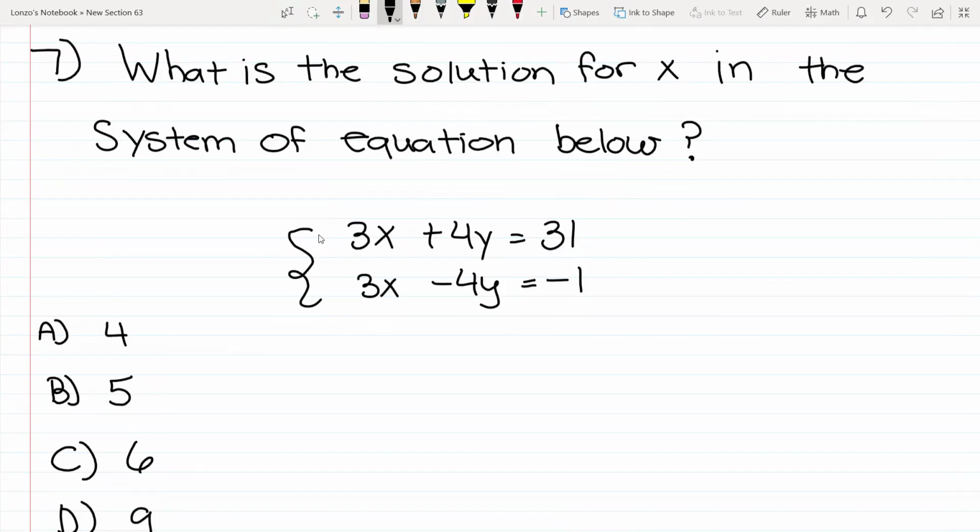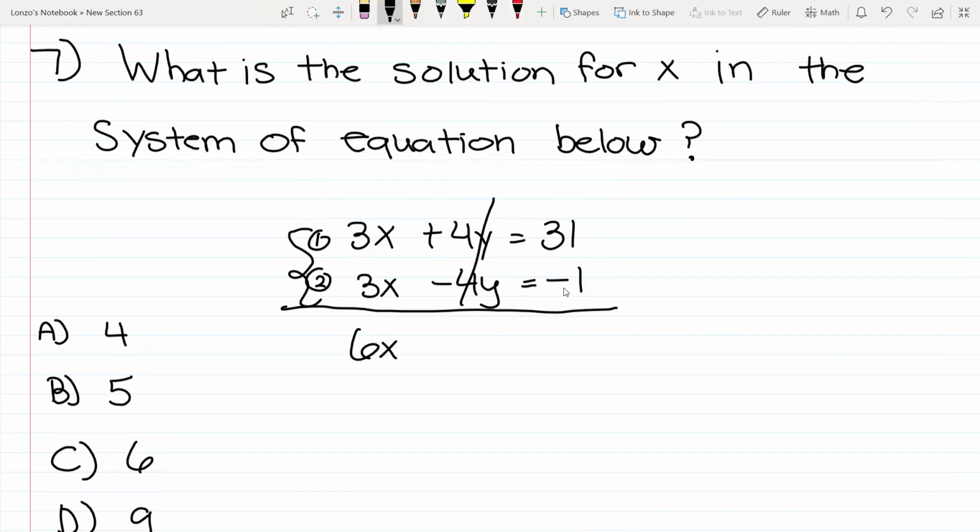So here's equation 1, here's equation 2. So I see that one of the letters cancels immediately. There's nothing you have to multiply, right? Unlike the other one, where you had to multiply equation 1 by a scalar. The y's cancel immediately if you add them up vertically. So go ahead and add them up vertically. So what's 3x plus 3x? 6x. What's 4y plus negative 4y? Cancels.